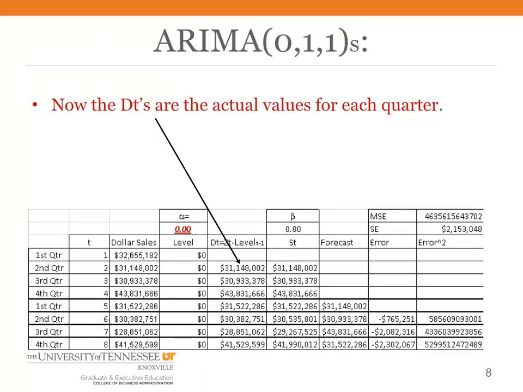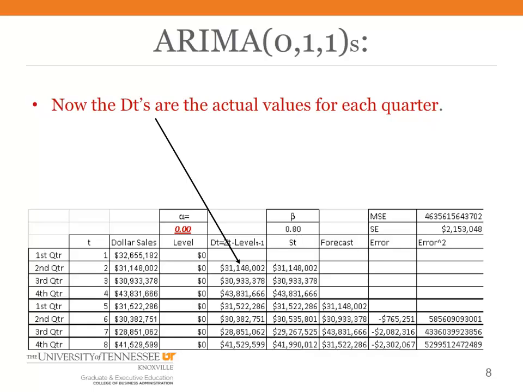Now, look what has happened when we set alpha at 0 and we set the level at 0. Look at the column that says dollar sales. That's your raw numbers. That's your original time series. Now look at the column that is labeled D sub T. Before, those were discrepancies, but now they're discrepancies from a level of 0.